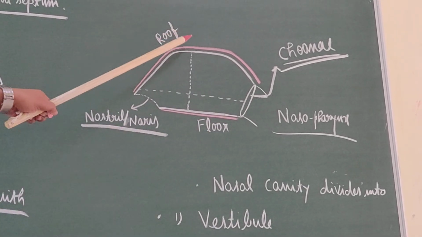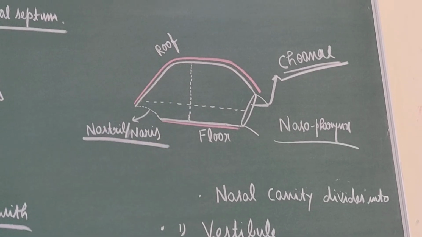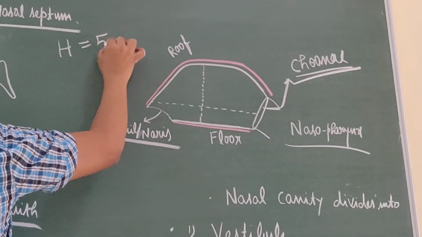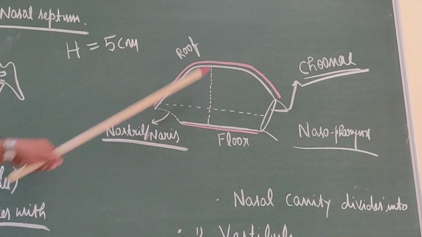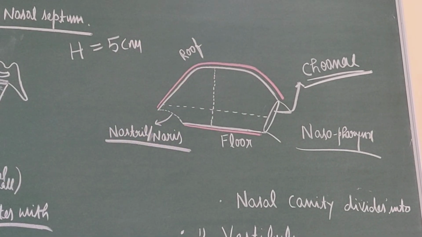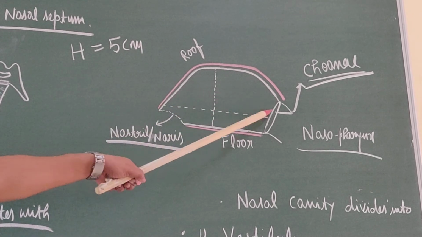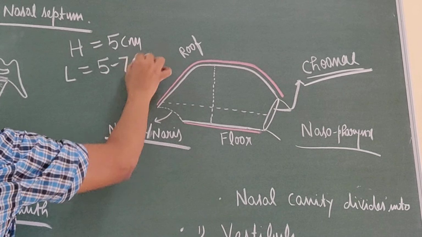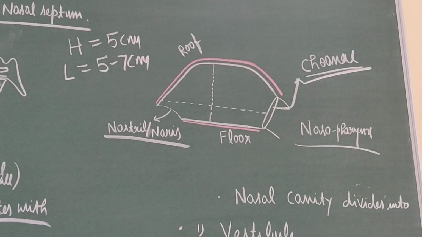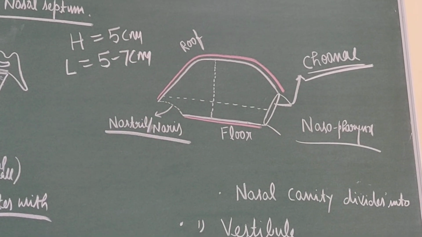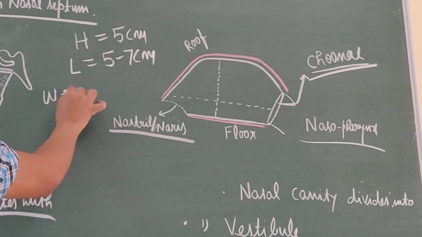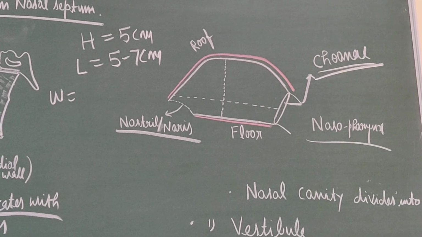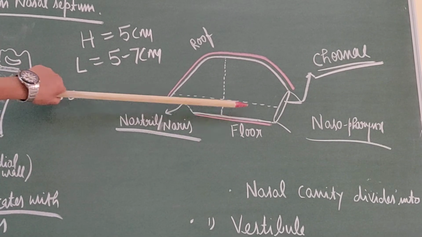Now, if you measure the height of each nasal cavity, it is about 5 centimeters, while the length from anterior to posterior is about 5 to 7 centimeters. Now the width from side to side. The width is maximum near the base.